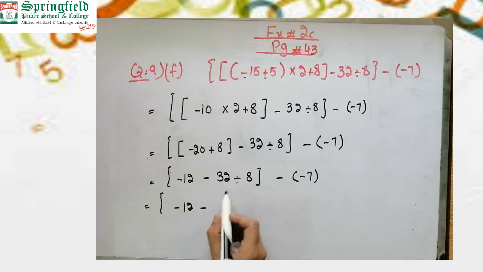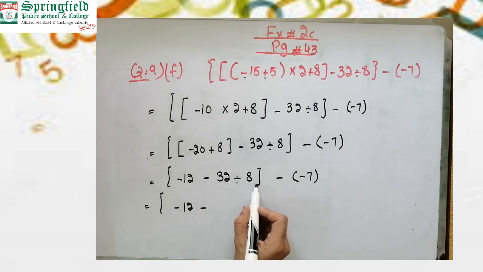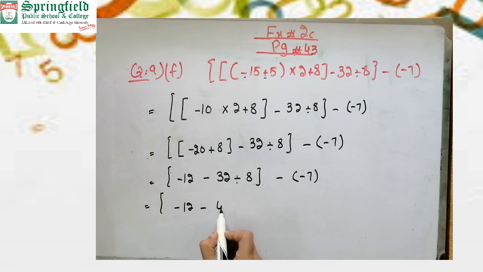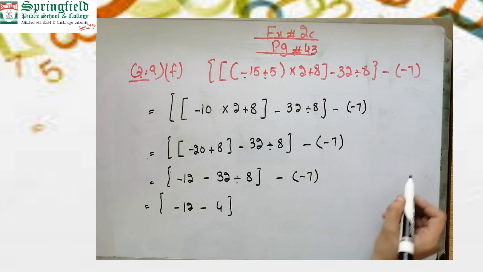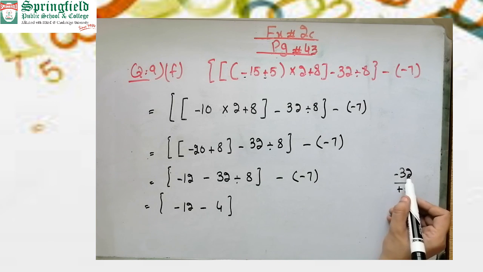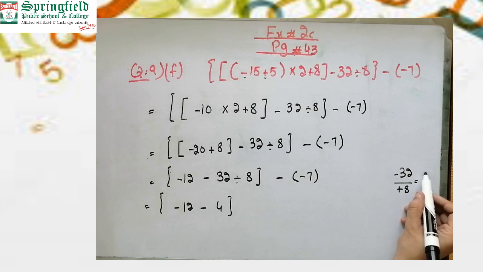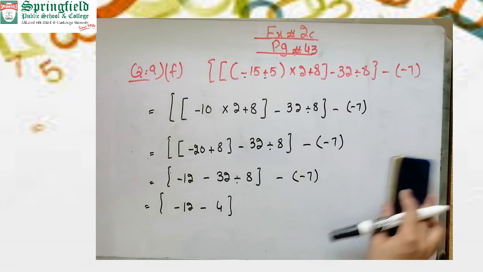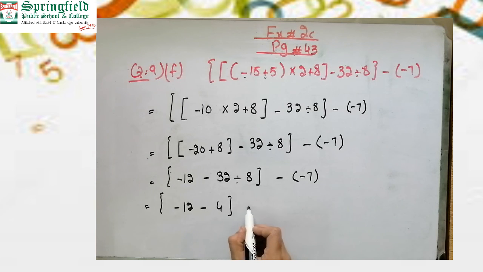So minus 32 divided by plus 8. What will be the answer? 8 4s are 32, so 4, and minus plus minus. You can check here, 32 is a negative number and 8 is a positive number. So when we divide 32 by 8, we will get 4 and minus plus minus. It means minus 4 we will write here.